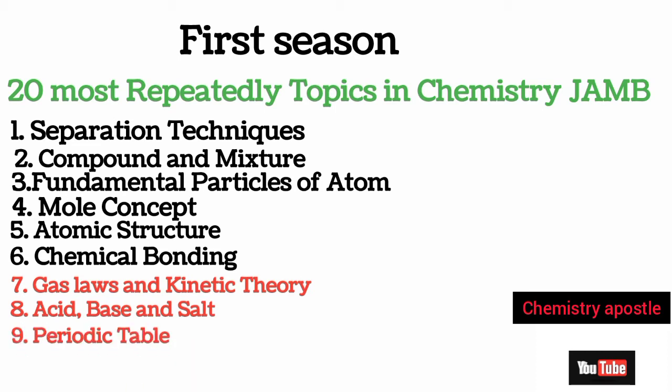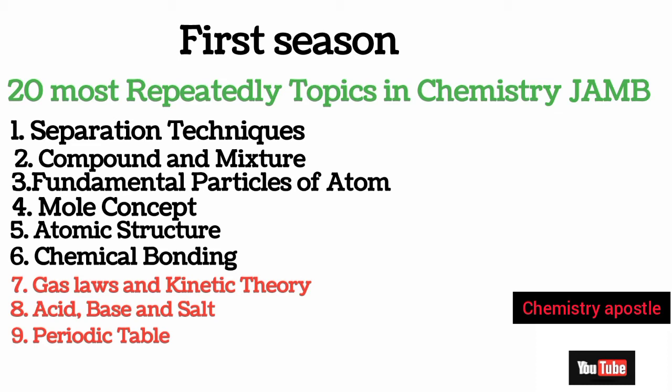Okay, periodic table. For the periodic table, you are expected to have studied the modern periodic law, which says that the properties of elements are periodic functions of their atomic number.